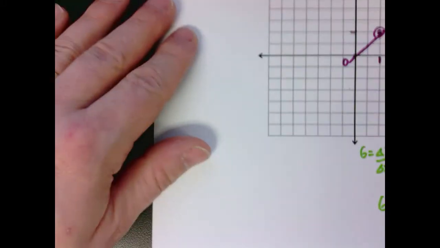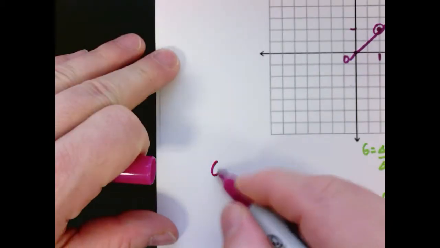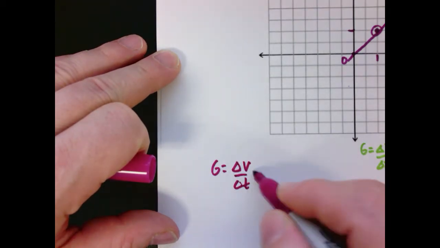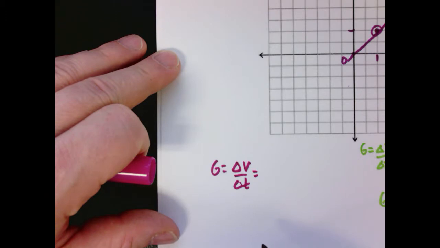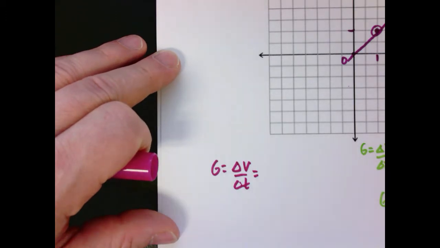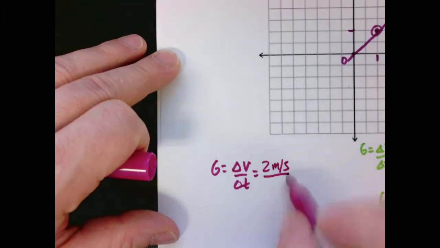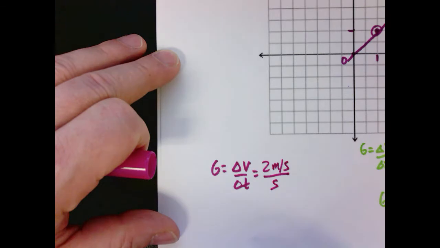Now, to find out the real meaning of this, we should do some dimensional analysis. So what are the units of gradient? Well, change in velocity, if I'm subtracting 2 velocities, 3 meters per second minus 1 meter per second, gives us 2 meters per second. So 2 meters per second, and the time is seconds.